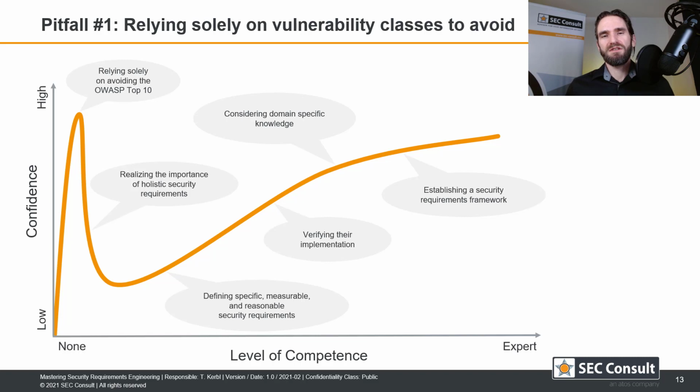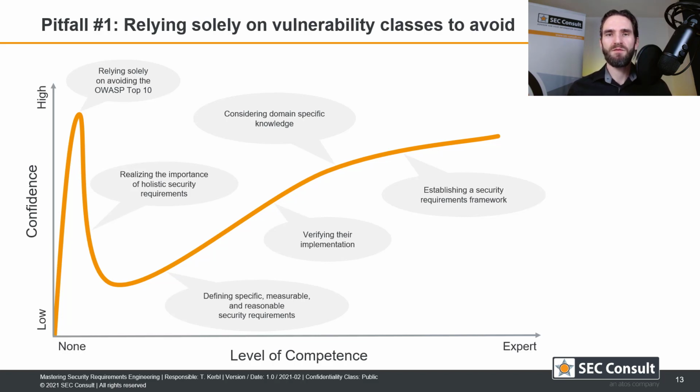When you have specified your security requirements over and over again, you will realize after some time that some of those tasks are repetitive and some of those tasks could be more standardized. That's usually the point when you realize that you should establish a security requirements framework.